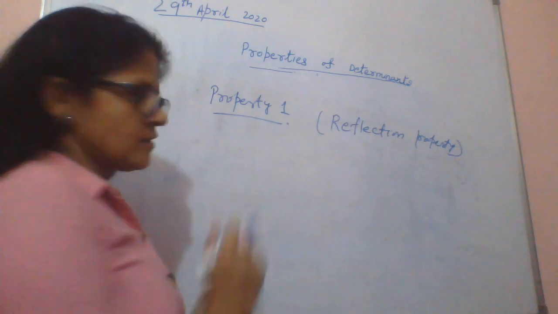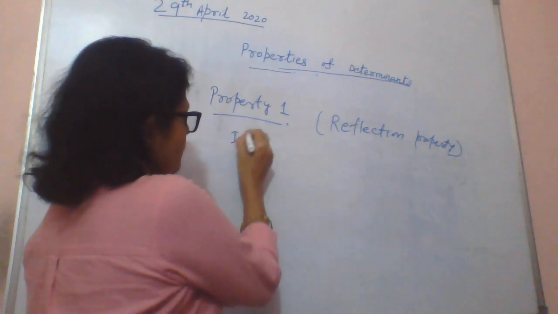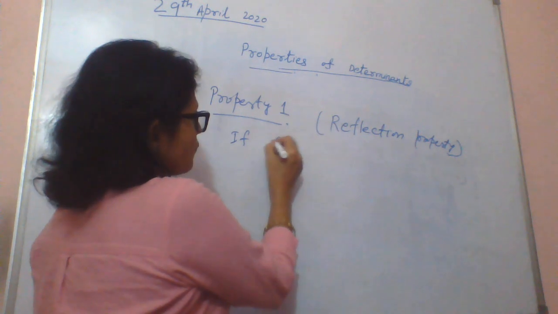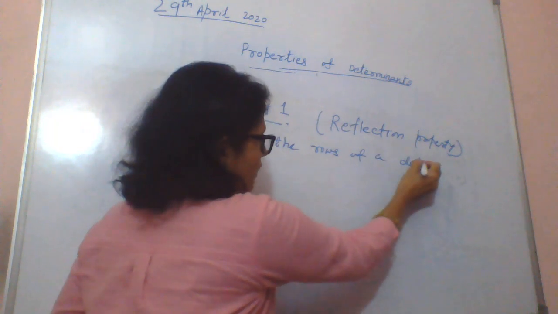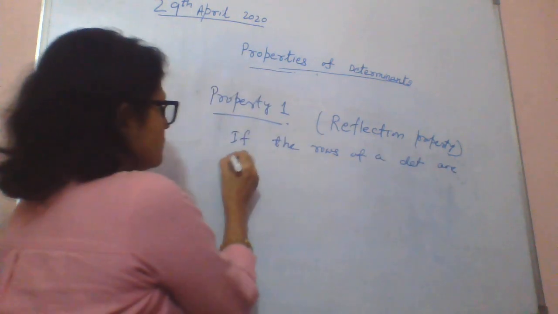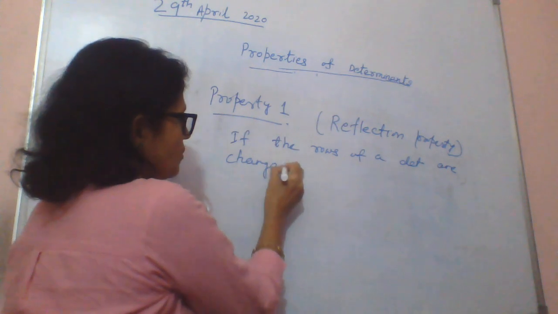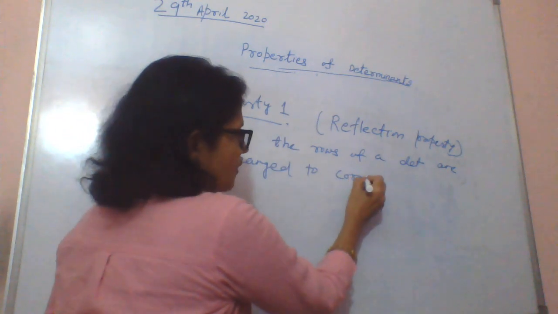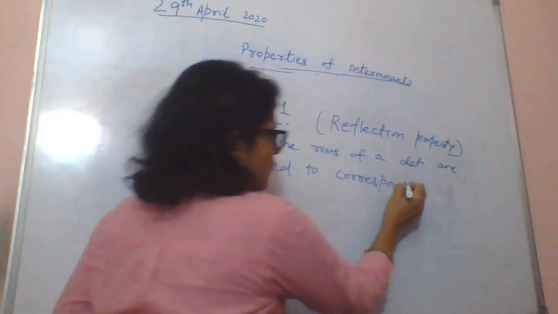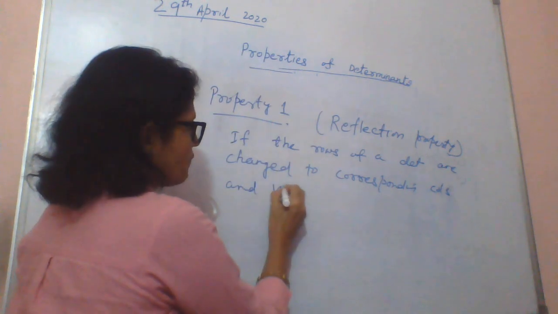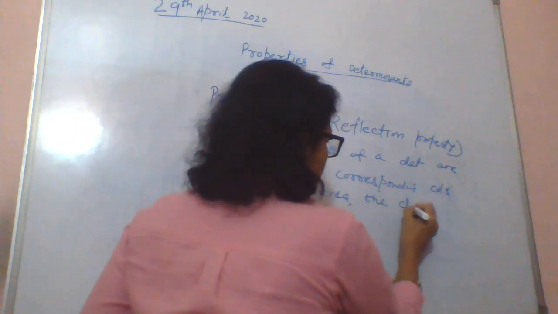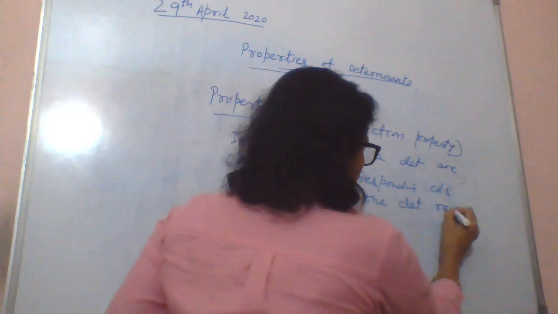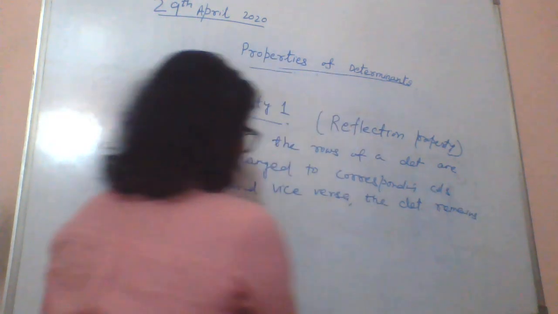As the name suggests, it states that if the rows of a determinant are changed to corresponding columns and vice versa, the determinant remains unchanged.